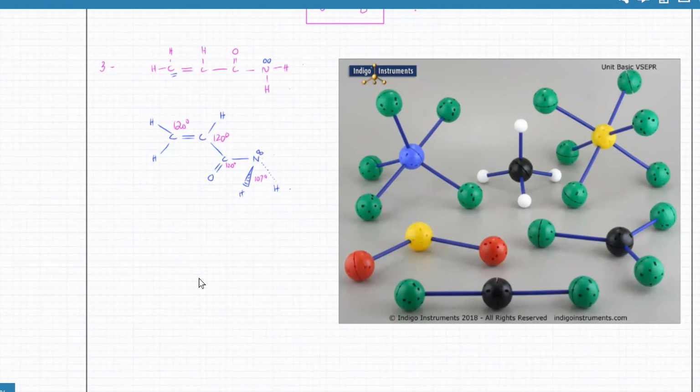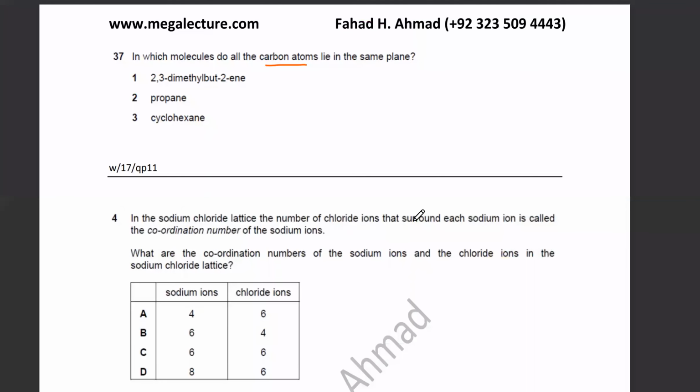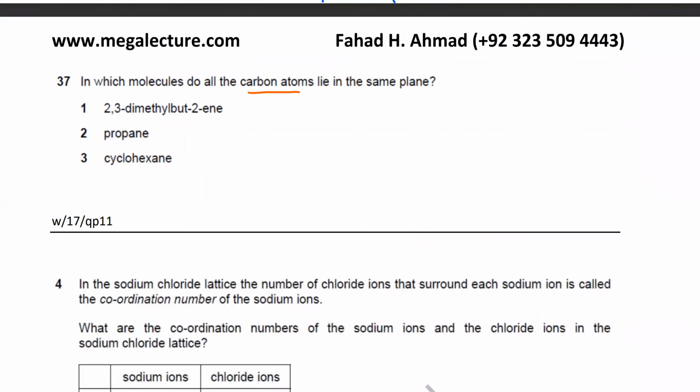In this particular question, if you go back to this question, he's talking about just the carbon atoms. So be very careful, he's only talking about the carbon atoms, right?